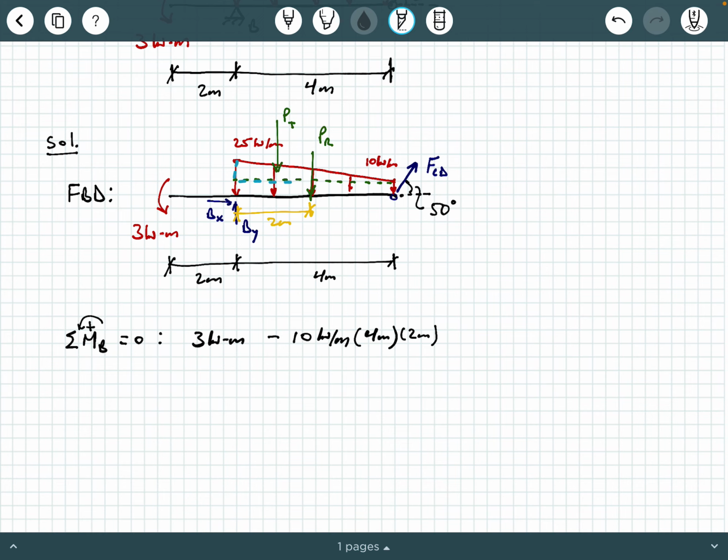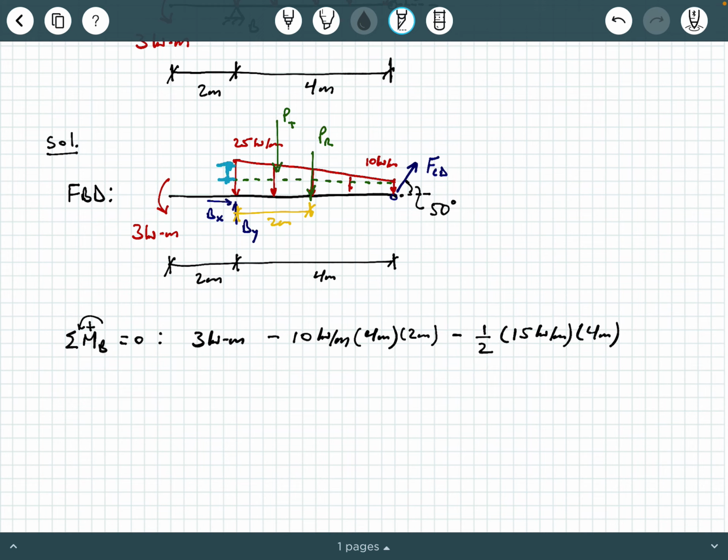The area of this triangular slice is given by 1/2 base times height. So we're going to say minus 1/2 times 15 kilonewtons per meter times 4 meters. Now you may be wondering, where does the 15 come from? Well, remember, we're looking at this triangular segment. What is the height of this triangle?